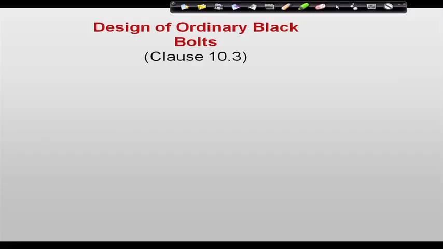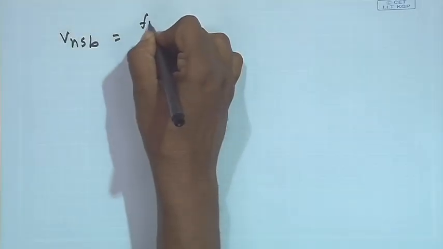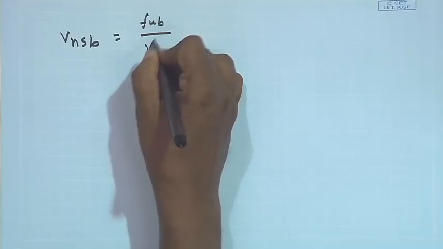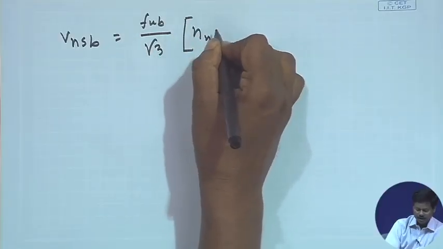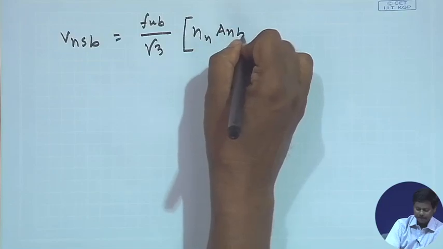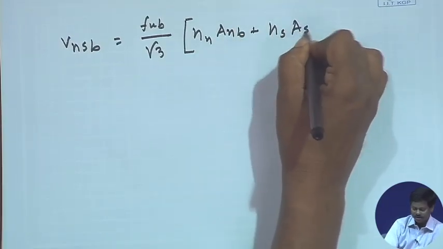Next, let us come to the design of the ordinary black bolt. Now, in clause 10.3 you will see the bolt in shear. VNSB is given in the code as fub by root 3 into (nn into Anb plus ns into Asb).